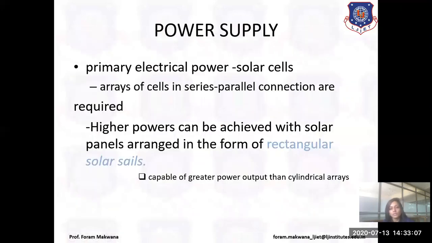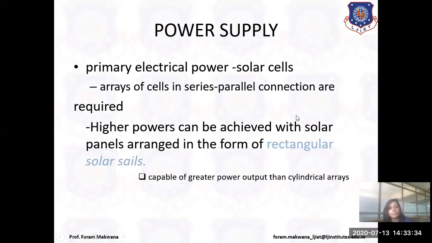First of all, we are focusing on power supply. What is the importance of power supply? In satellite communication, as we place a satellite in space and it orbits around the earth, we don't provide any supply from AC or DC, but it gets supply from the sun.